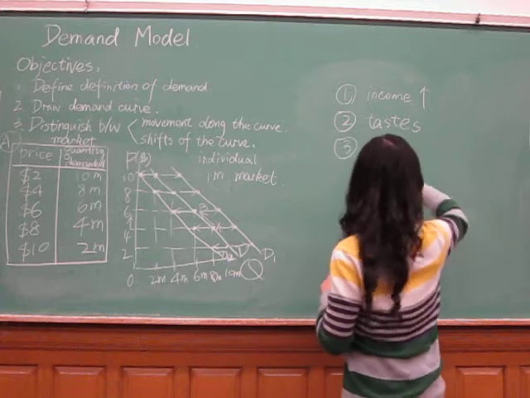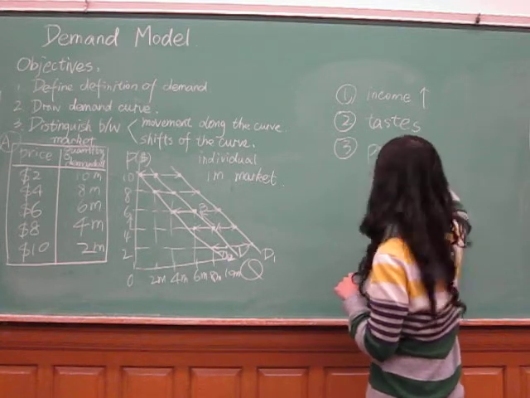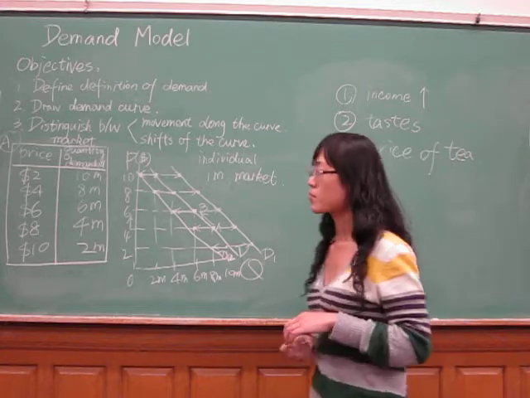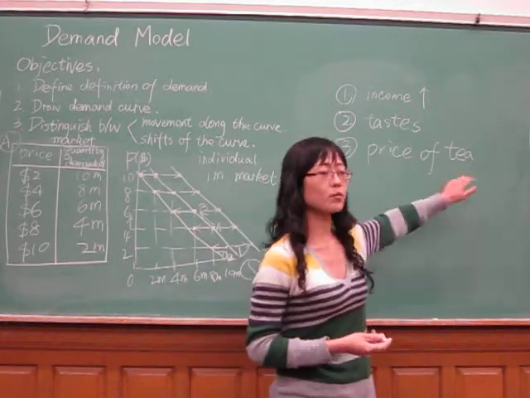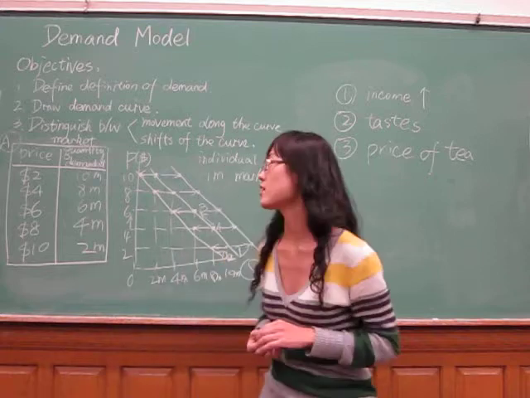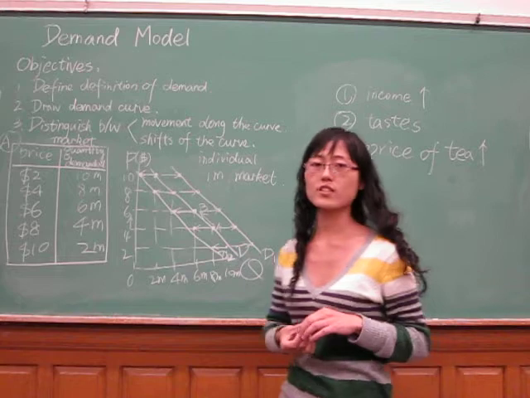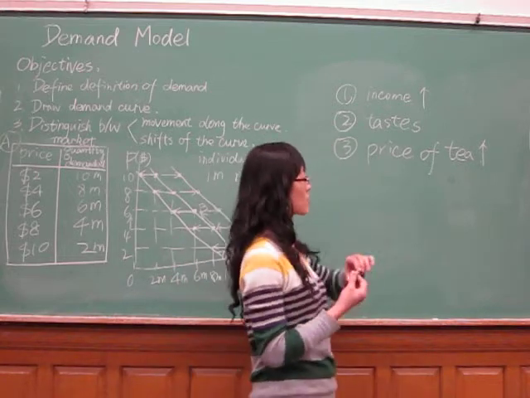And the third factor is the price of related goods. Some people, for example, the tea. Some people are indifferent between coffee and tea, and they can either drink coffee or drink tea at the given price.